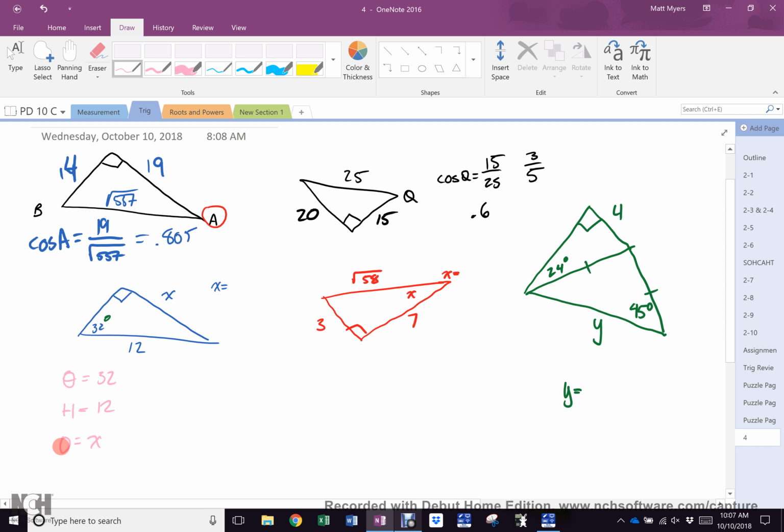What uses O and H? Sine. Sokatoa. Sine of 32 equals O over H. How do you get rid of this? 12 sine 32 equals x.